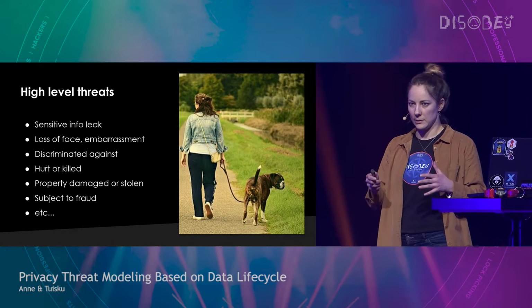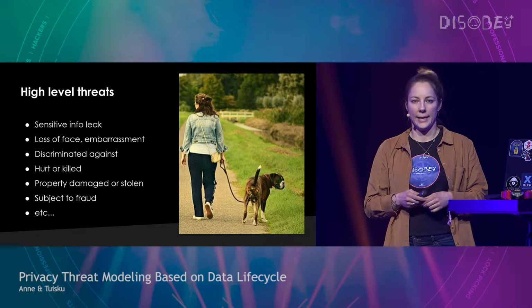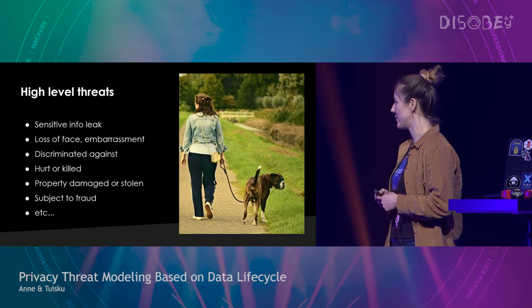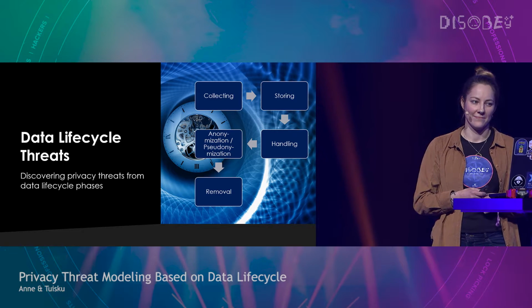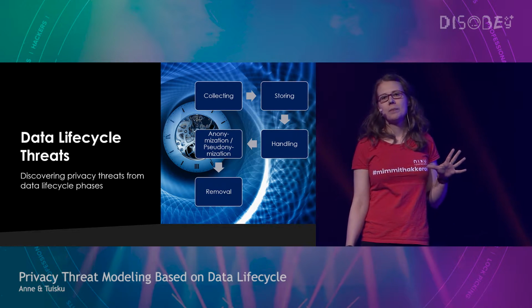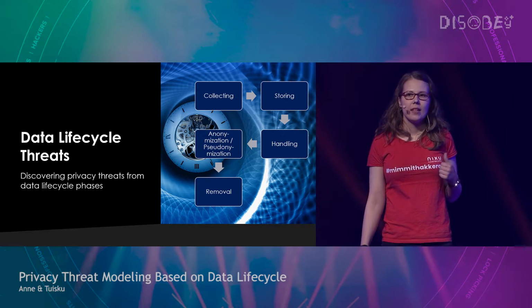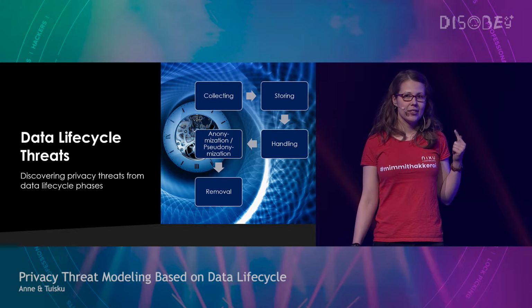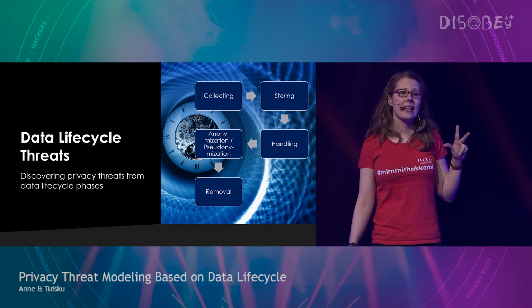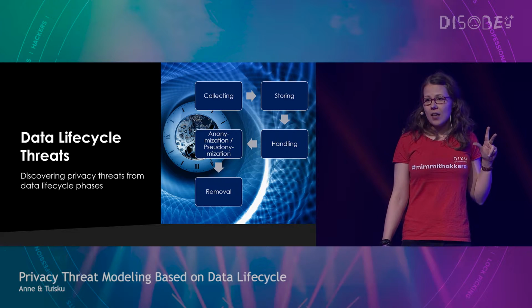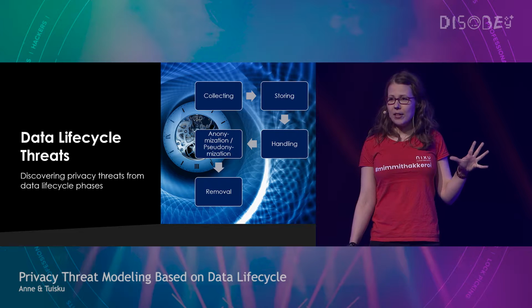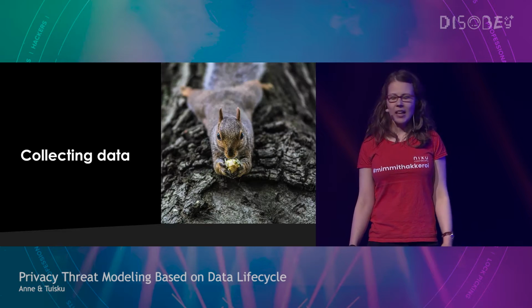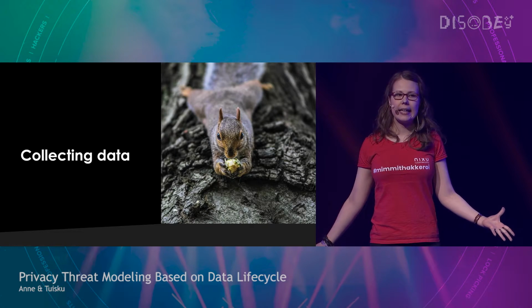So with these thoughts, let's go into the actual threat modeling cycle. And this is the life cycle we've been talking about. 5 phases: collecting data, storing data, handling data, then anonymizing or pseudonymizing data for sharing purposes, and then finally removing data. And logically, we're going to start with collecting data.